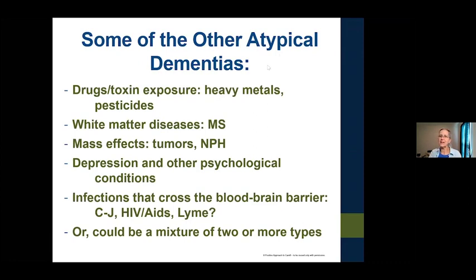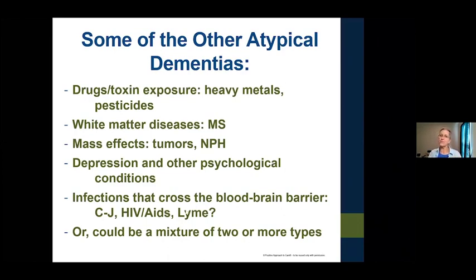But what we're finding out is this brain and the blood-brain barrier is not nearly as impermeable. In other words, things can cross it a lot easier than we thought it could. So viral infections, things that do happen, and what we're not positive about in many cases is cause and effect and resolution if we treat.